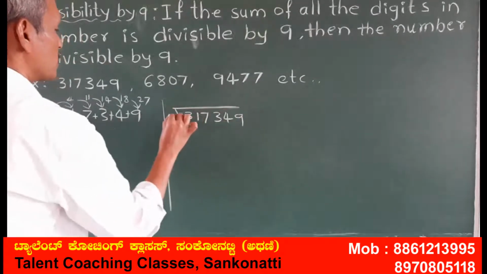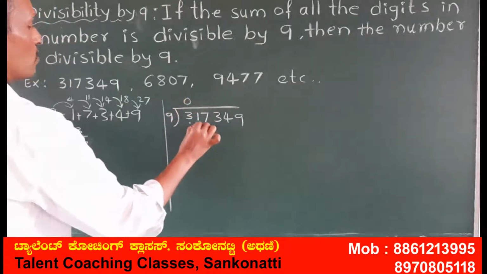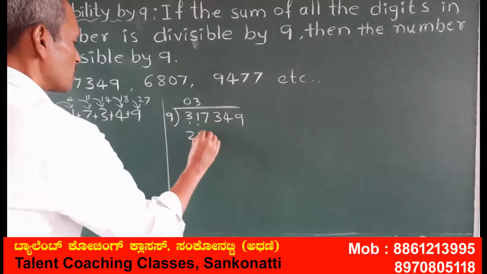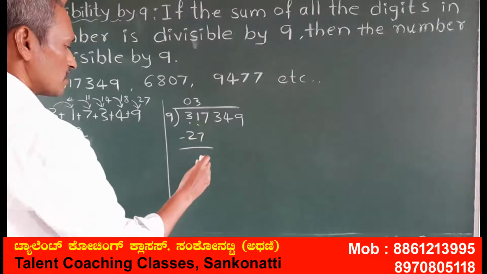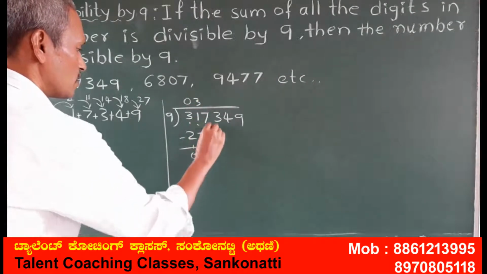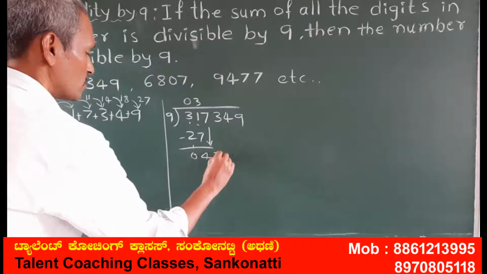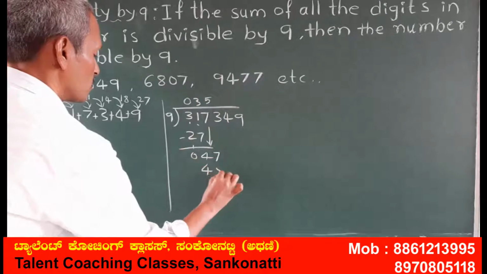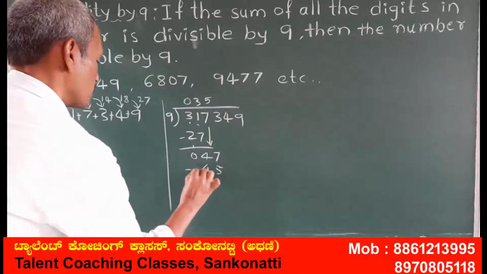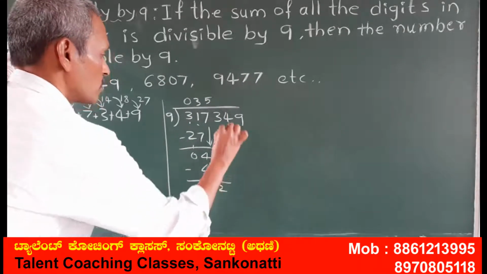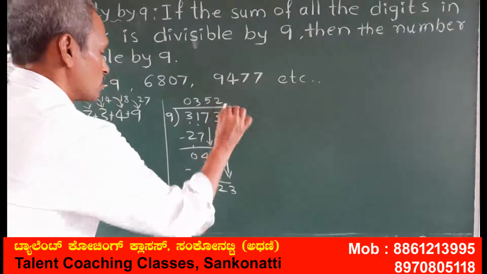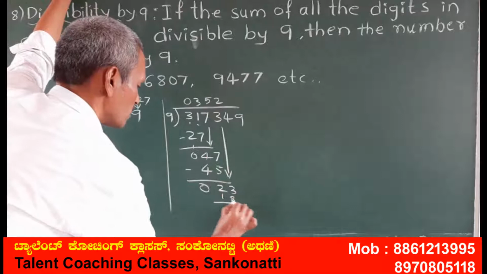Now we will divide this number by 9. 0 will take. 9 3s are 27. 0, take it down. 9 5s are 45. 2, next digit down, it becomes 23. 9 2s are 18.